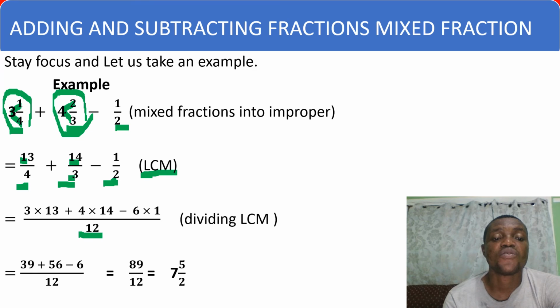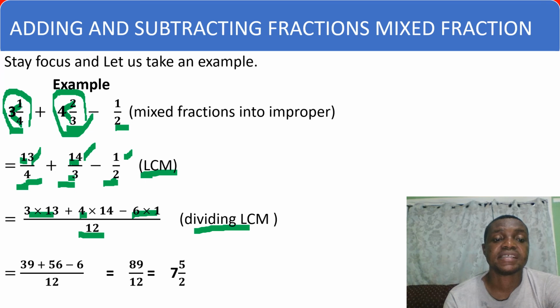The LCM will be 12. Let's convert to 12. 12 divided by 4 is 3, so 3 times 13, which is the numerator here. Then 12 divided by 3 is 4, so 4 times 14, which is the numerator here. Then 2 goes into 12 six times, so 6 times 1, which is the numerator here.